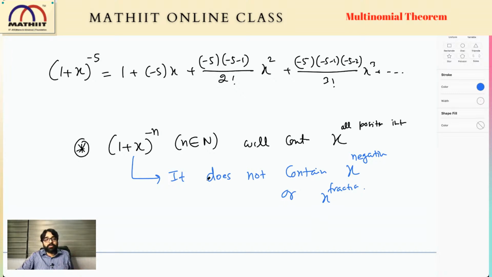Actually, my purpose was to reach this point. (1 plus x) power minus n will contain x power of all positive integers, but it does not contain x power negative or fraction.